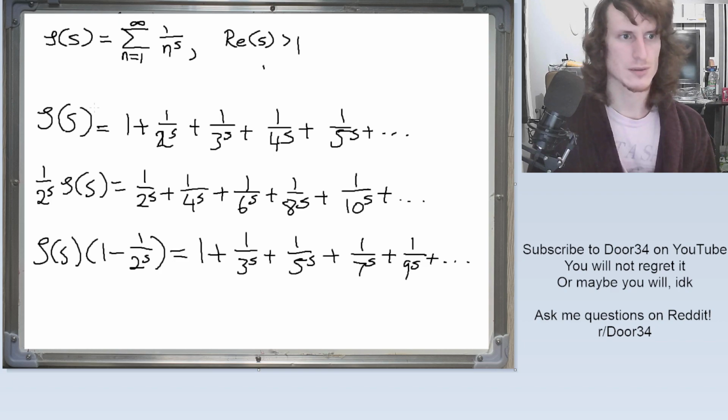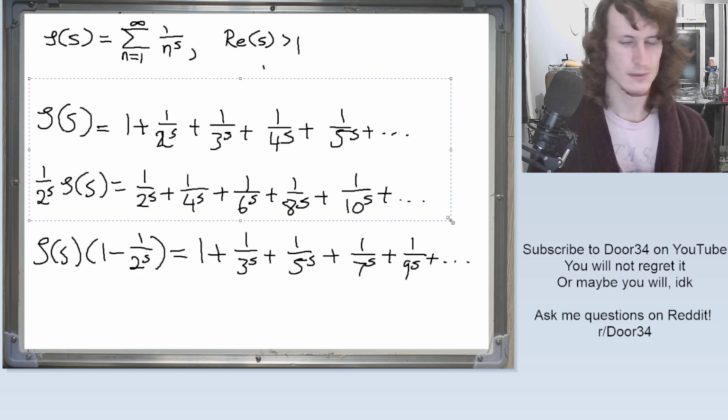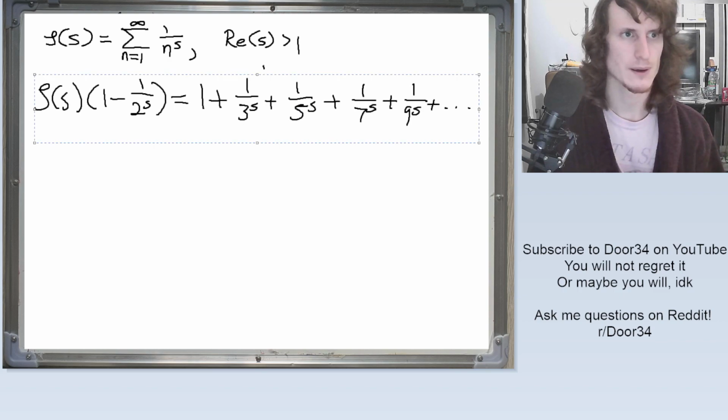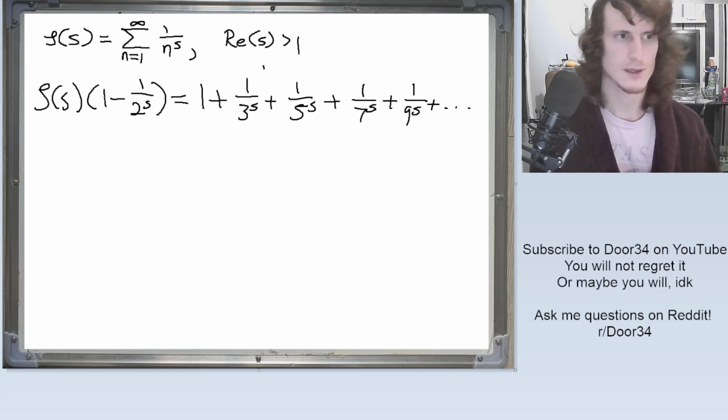Right, let me get rid of some of this stuff and make a bit of room. Let's delete that and drag this up here. Now we're going to do the same thing.